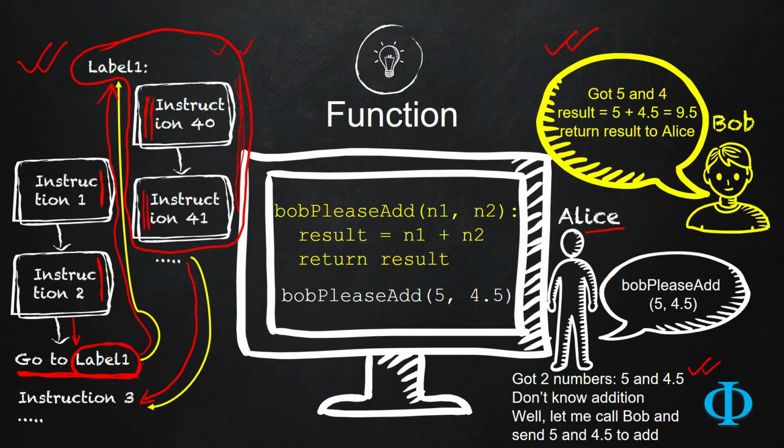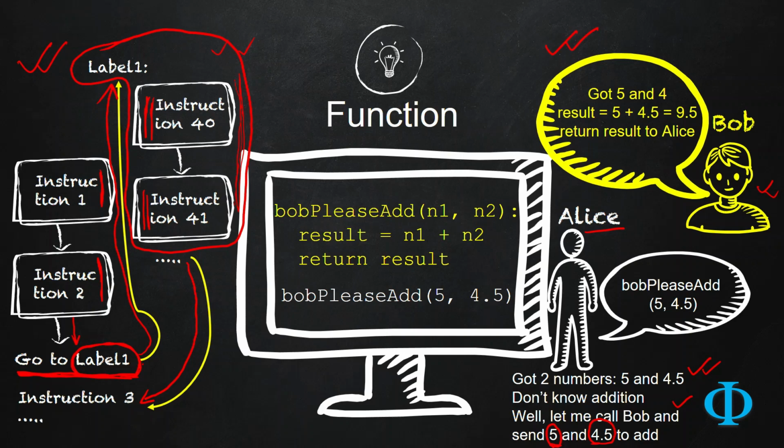So what is your option? Well, then you remember that you have a friend called Bob who knows how to add these numbers. So what do you want to do now? Well, you can call Bob and send those two numbers, 5 and 4.5, to Bob to do the addition part, because Bob knows how to add.